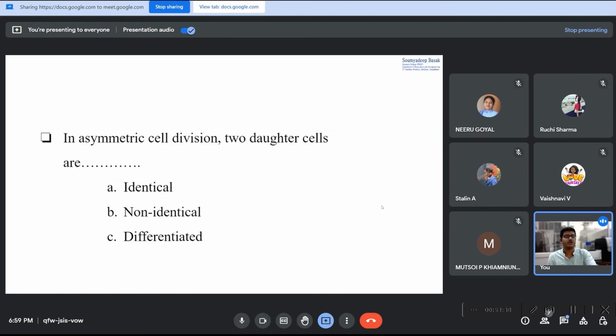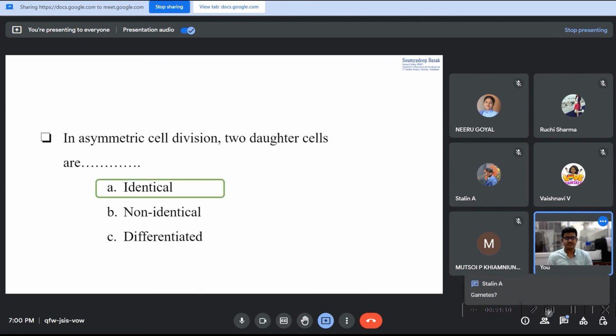Right? Okay. In asymmetric cell division, the two daughter cells are identical, non-identical, differentiated? Asymmetric cell division, where can we find it? In what kind of cells do we get asymmetric cell division? Stem cells.